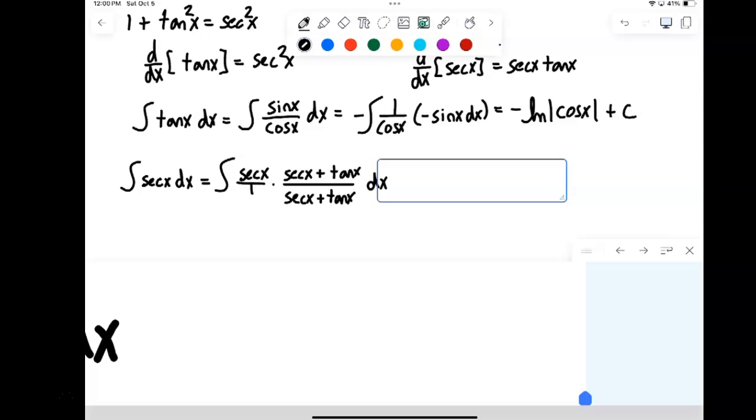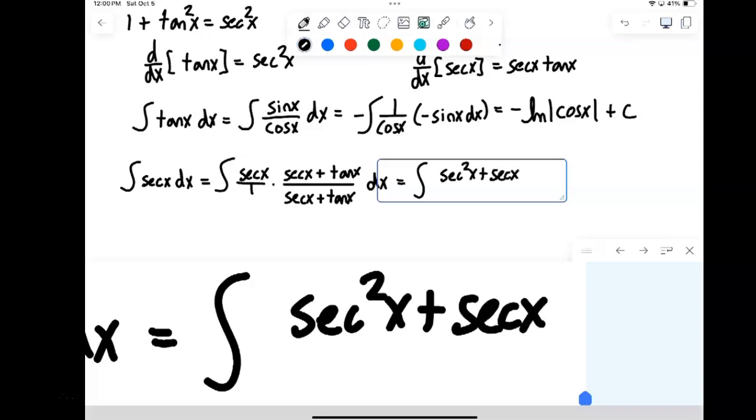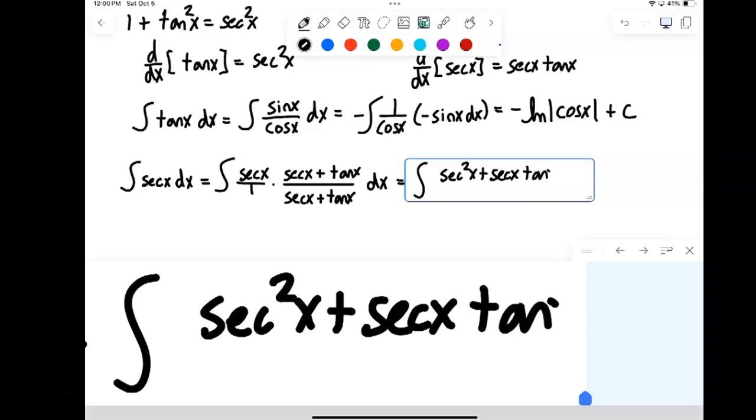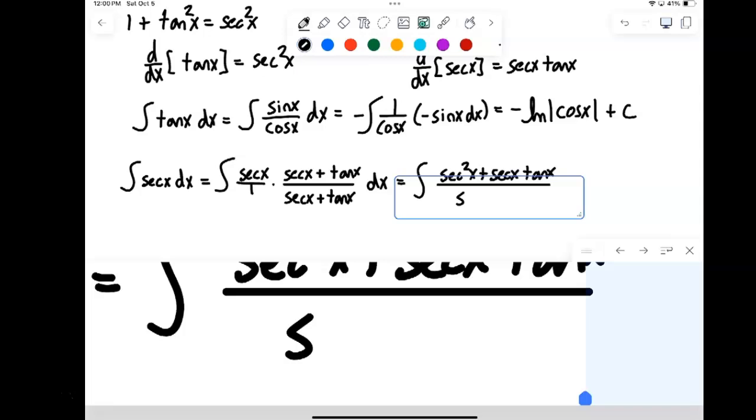And what that does is it miraculously transforms the integral into secant squared x plus secant x tangent x over secant x plus tangent x.